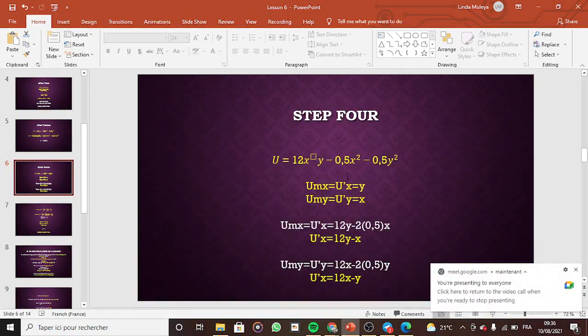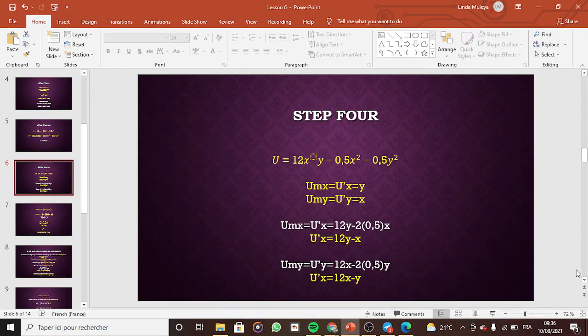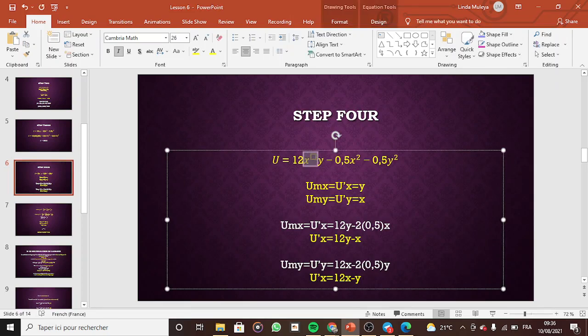All right. The total utility is equal to 4x times y minus 0.5 x squared minus 0.5 y squared.